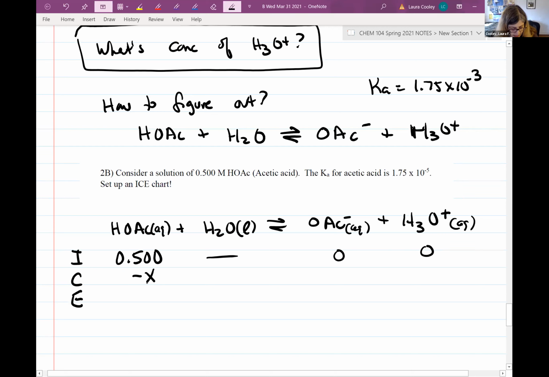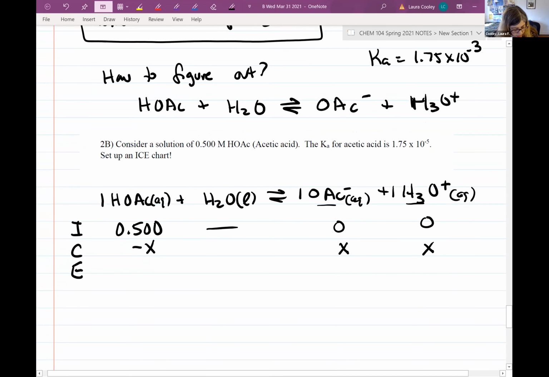I say, okay, let X be the amount of OAC that reacts. And that's going to be the same as the amount of these that are produced because all the coefficients here are 1. Okay. Then at equilibrium, I just have to add these up.